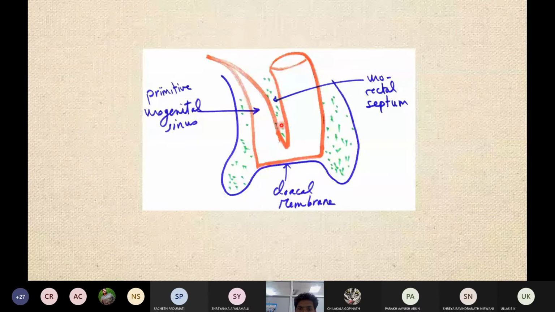The same urorectal septum will reach the cloacal membrane and will divide completely the hindgut into two parts: anteriorly or ventrally situated primitive urogenital sinus, you just look into this area, and dorsally situated endodermal cloaca. This part, dorsal part.